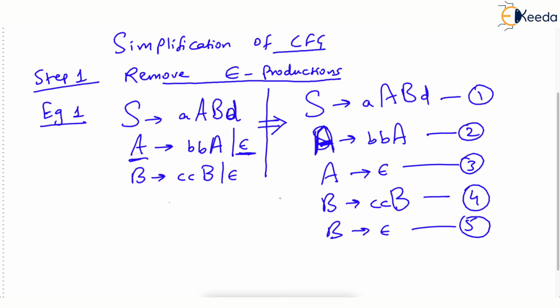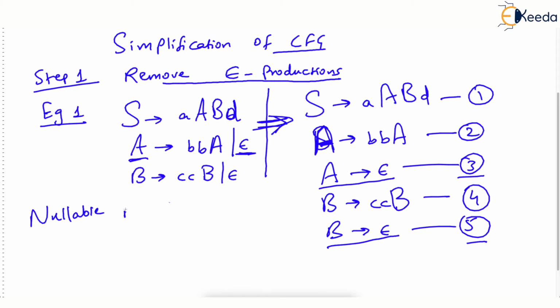Now observe, I've just elaborated the given grammar. Just observe that there are two productions in which the right hand side is epsilon, the null string. Productions number 3 and 5 are such productions. Now I will introduce one term called nullable.